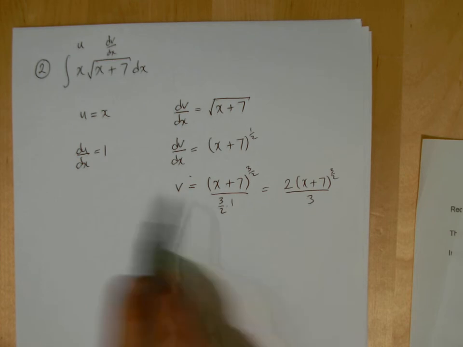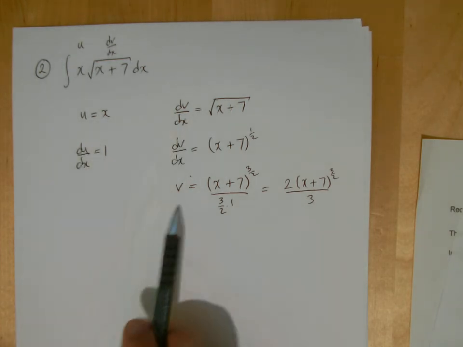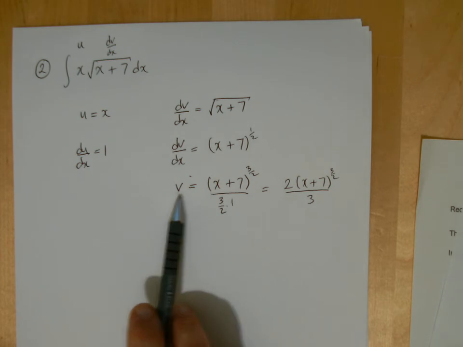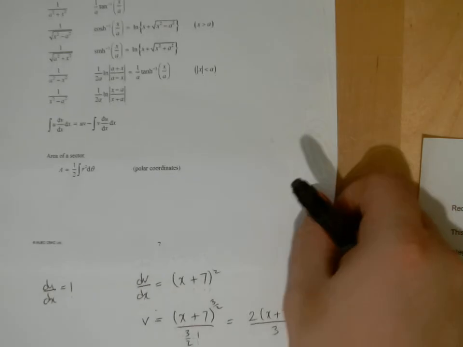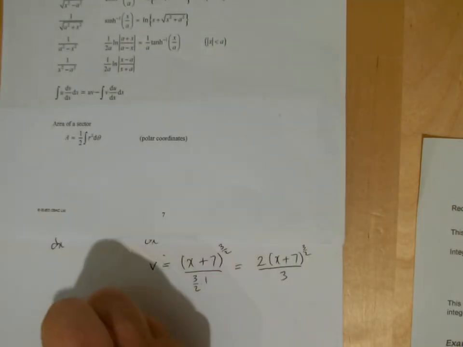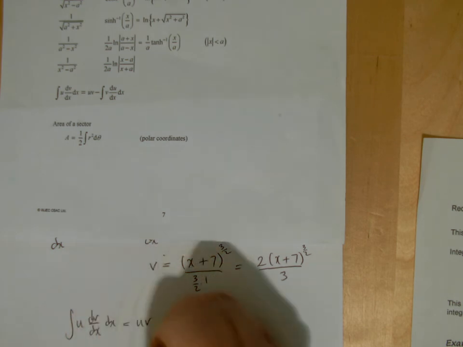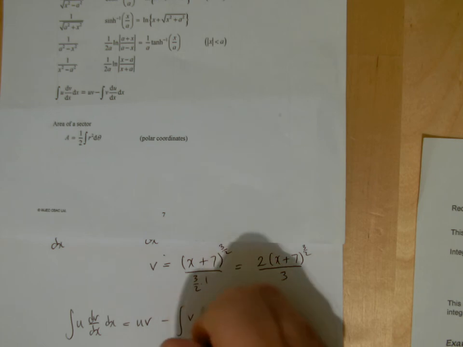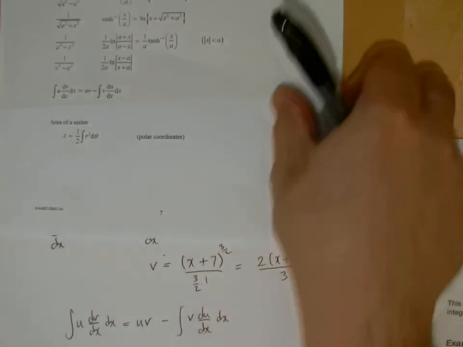Okay, so I've got my du dx, I've got my dv dx, and I've worked out my v now, by integrating. So I go back to my formula page, and I'm going to copy down the formula for integration by parts. So the integral of u dv dx with respect to x equals uv, take away the integral of v du dx with respect to x.